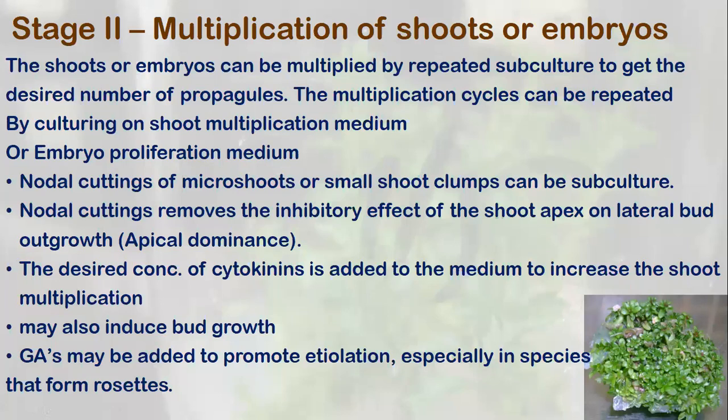So these nodal cuttings or shoot clumps can be subcultured. The nodal cutting removes the inhibitory effect of the shoot apex. There is a very prominent effect in plant propagation. Some of you might have noticed it. If we just plant a seed, the shoot comes out of that.